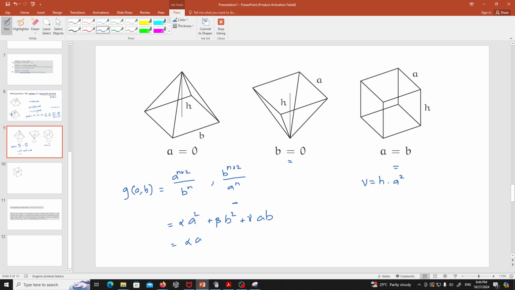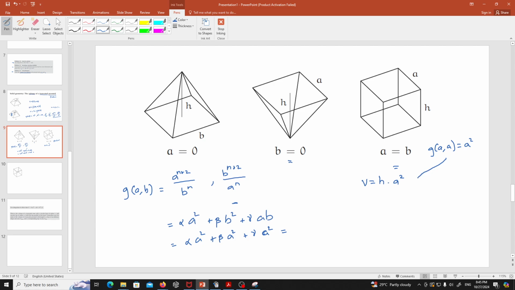Alpha A square plus beta, now A is equal to B, so this is also A square, plus gamma A square, which is equal to, for this case G of A comma A is just A square.